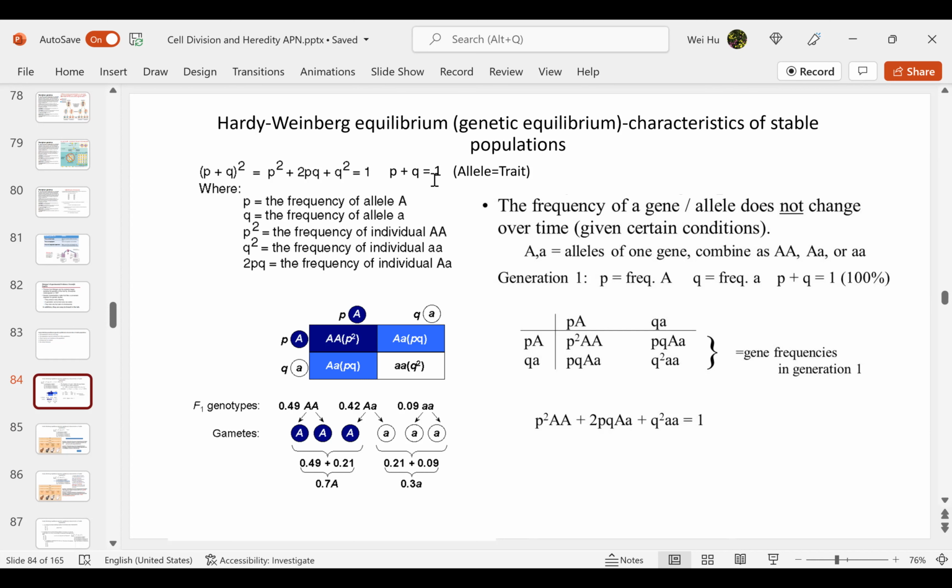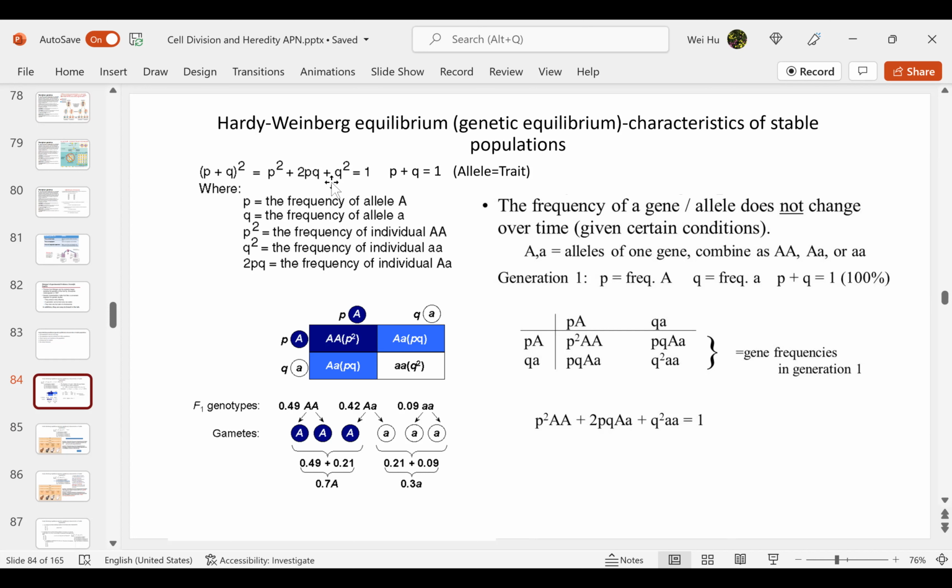Got it? Okay, so this is the first law. On the first law, you square both sides. Then you get P squared plus 2PQ plus Q squared equals 1. Okay? So you have 2 laws.